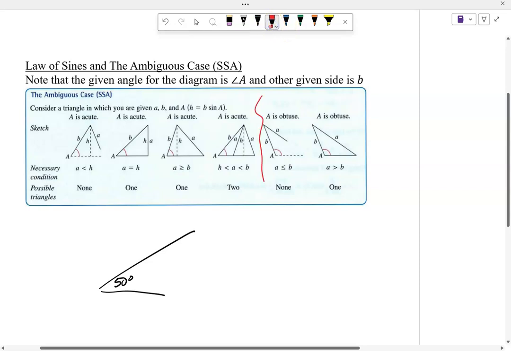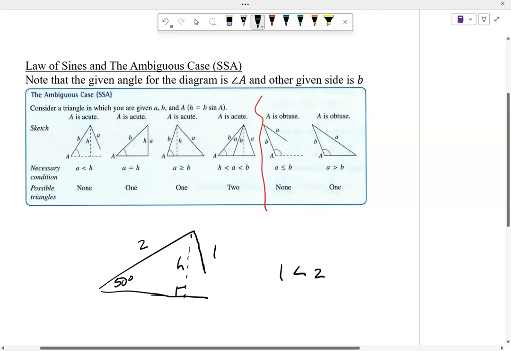So we're looking at one of these 4 scenarios, and its side length was 1, and notice that that is less than the 2 given. 1 is less than 2, okay? But the problem is, if you compare it to H, there's no way for it to attach. It's too short.